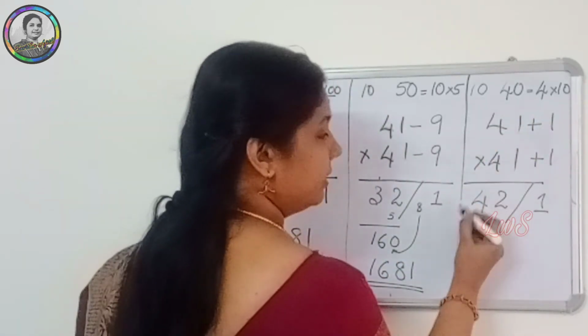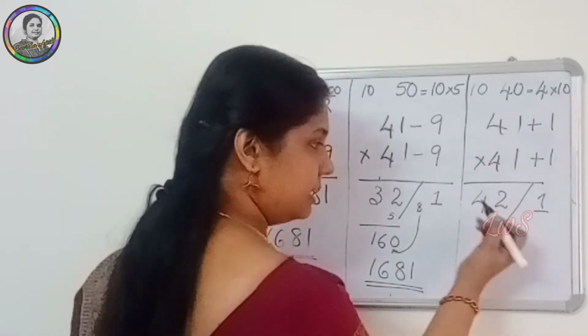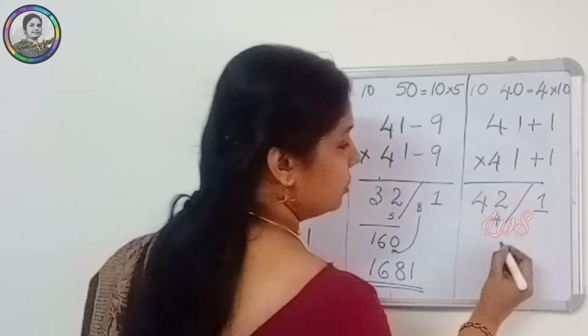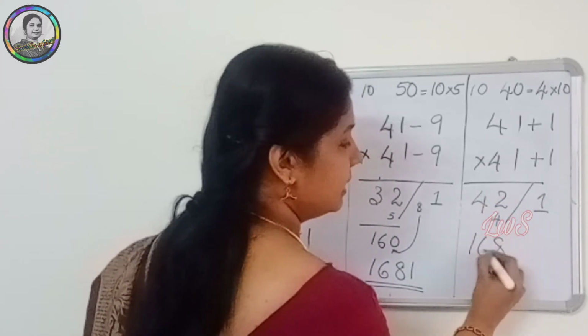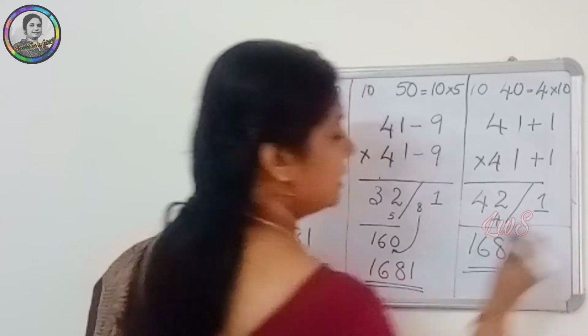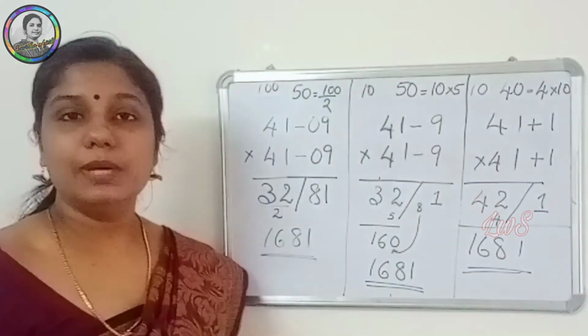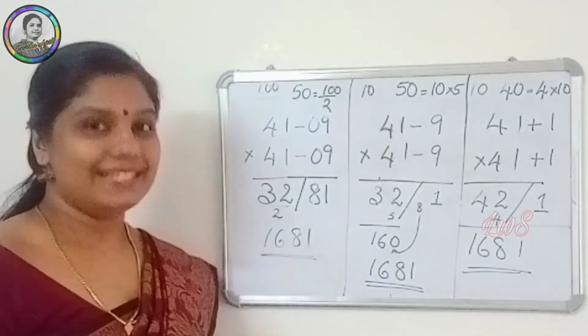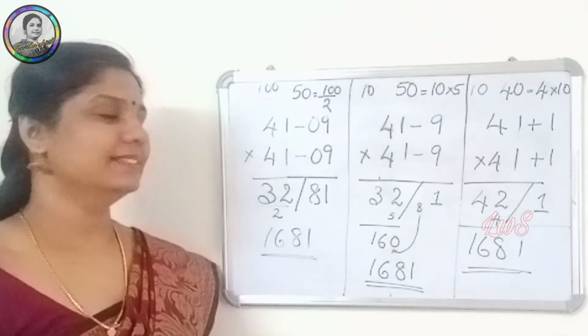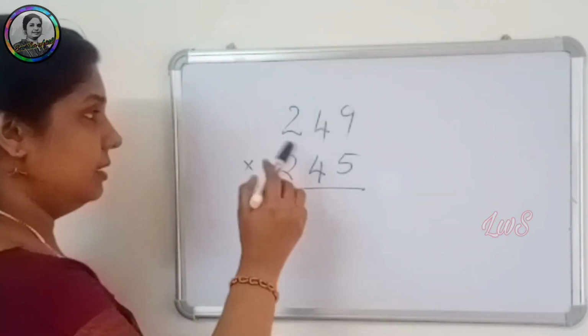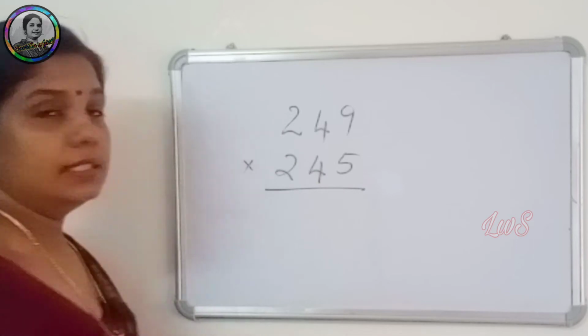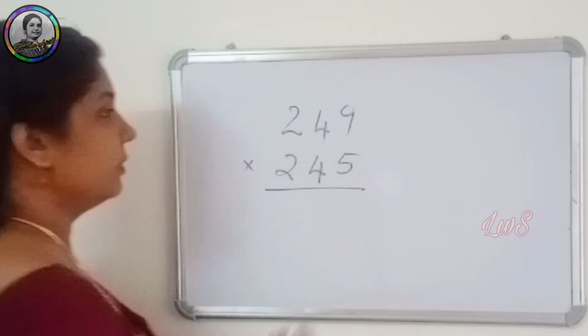Now to get the correct left hand side, we have to multiply this with 4. 4 2s are 8. 4 4s are 16. Answer is 1681. Isn't that interesting?